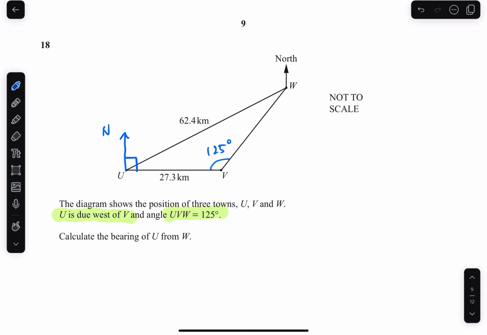Now, when we are calculating bearings, and this is under the topic of trigonometry, we have the sine rule and the cosine rule to help us. Bear this in mind.